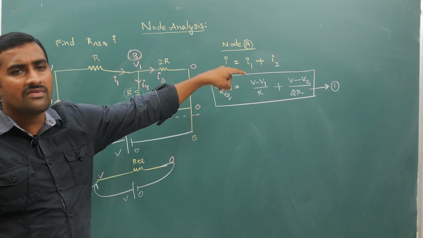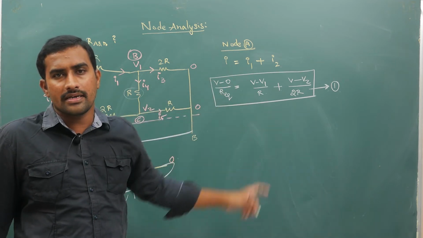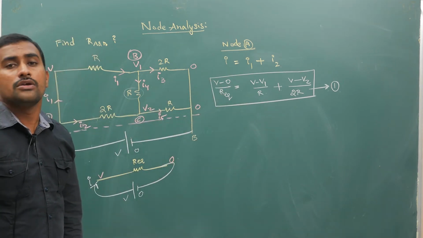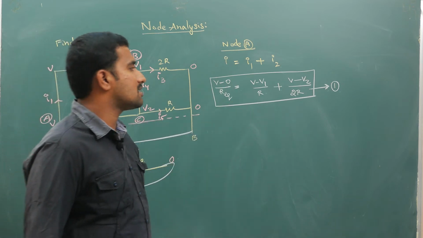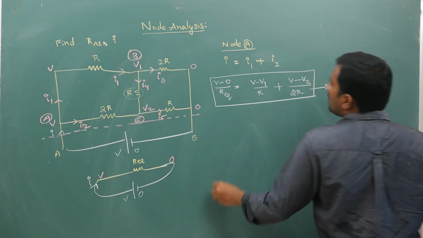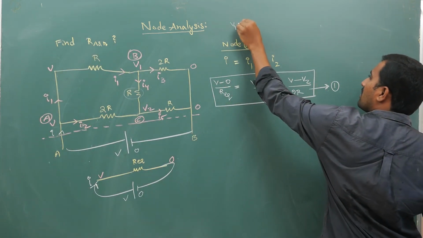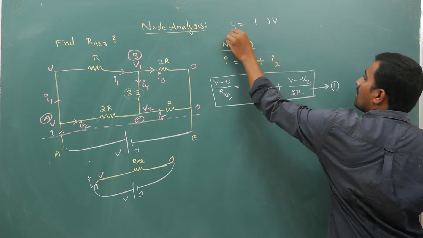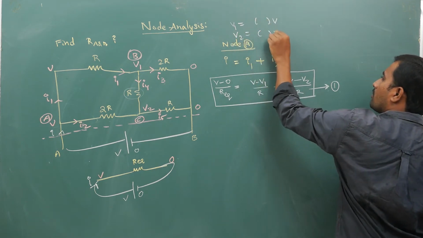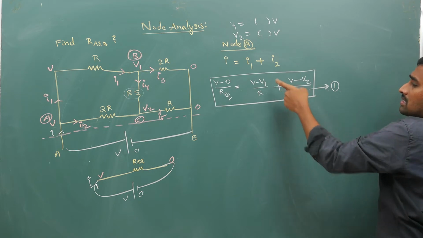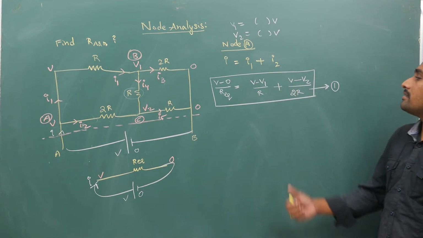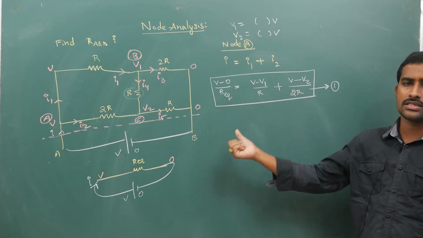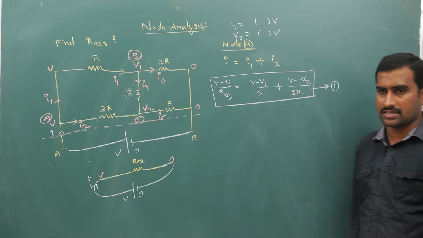On both sides V will cancel off, you will get R equivalent in terms of R. Do not worry about all this stuff. Ultimately your target is to get V1 equal to something into V, V2 equal to something into V. Substitute this into this equation and then your V terms will cancel off and you will get the equivalent resistance.